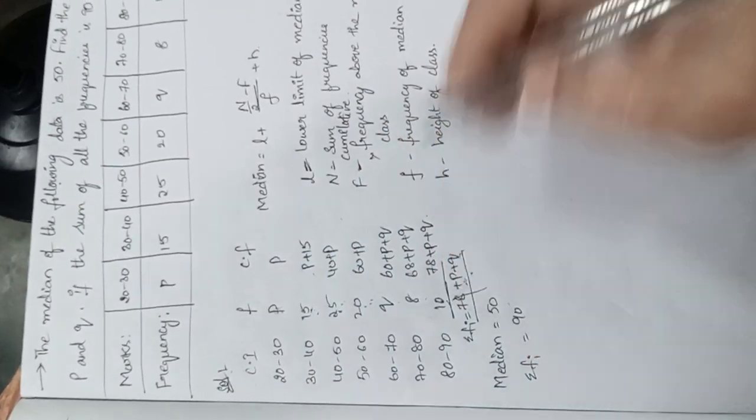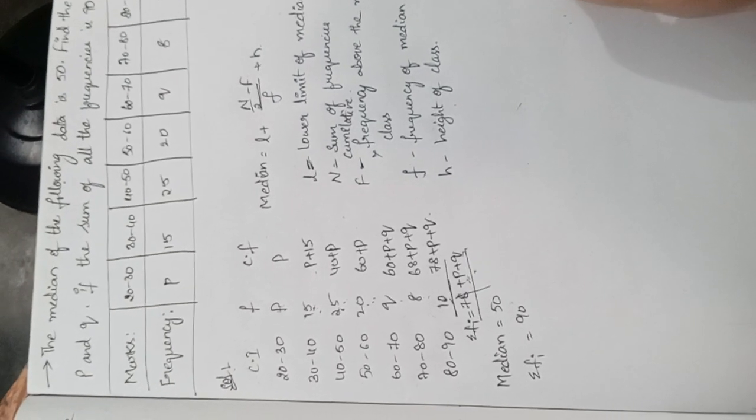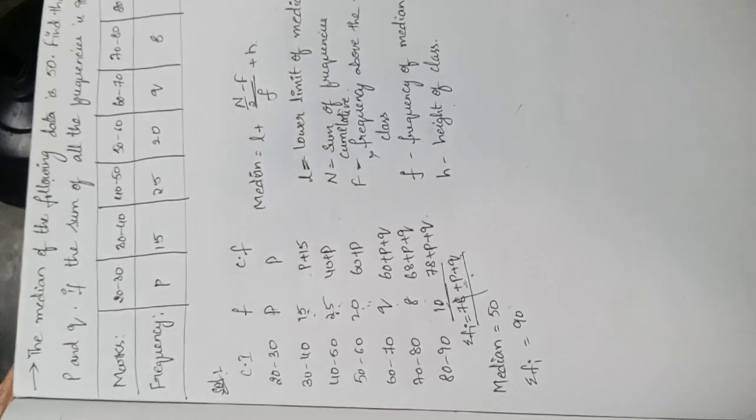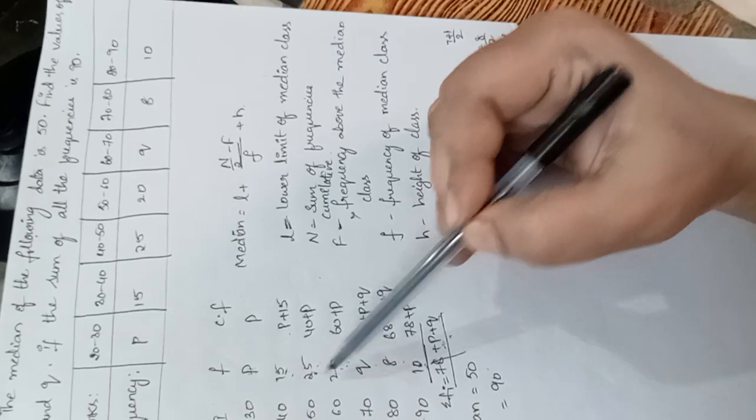Now we have 7 plus 1 by 2, that is 8 by 2, which equals 4, right? So the fourth one is the middle one.